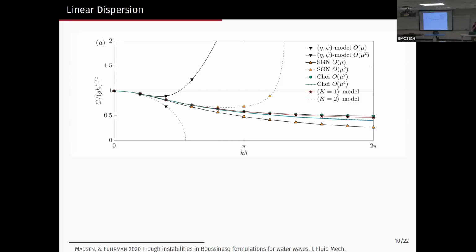Also, I guess all of these are expansions, right? Yeah. So you can't show analytically that it converges. It depends what you use.